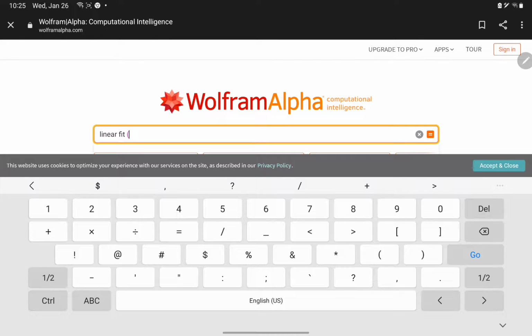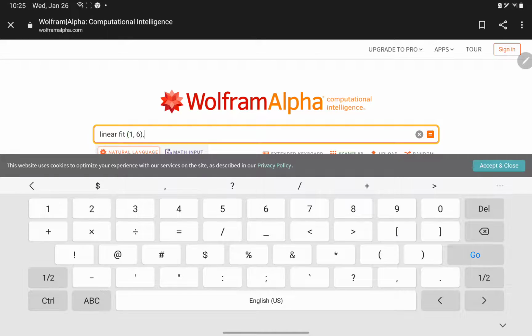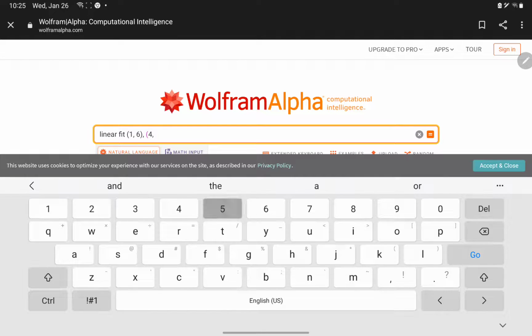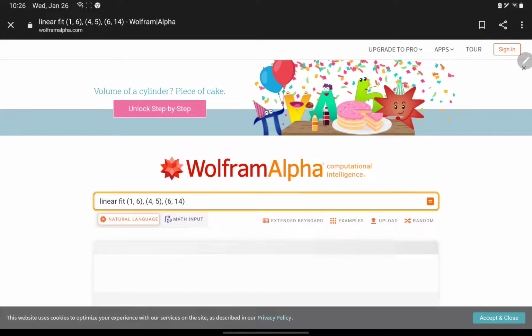The data we just did was 1, 6, 4, 5, and 6, 14. We put those in and then we hit go.